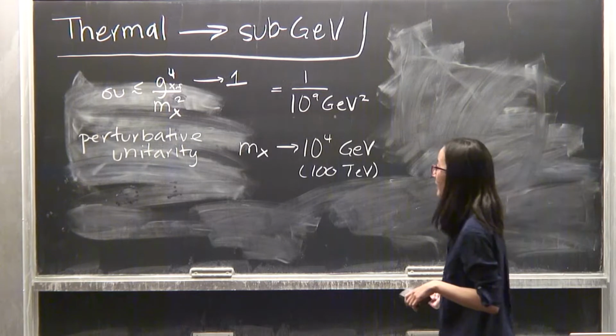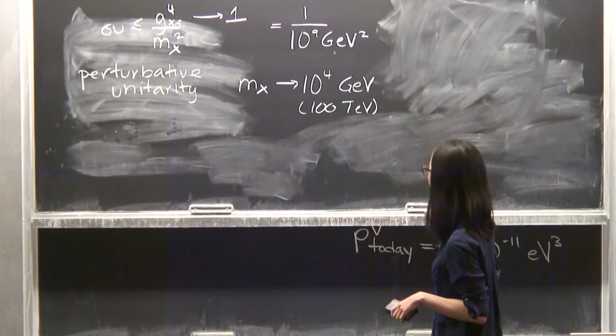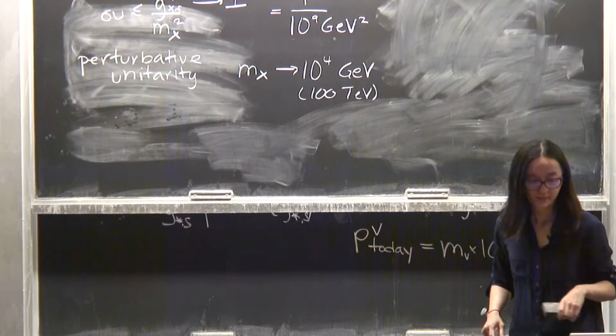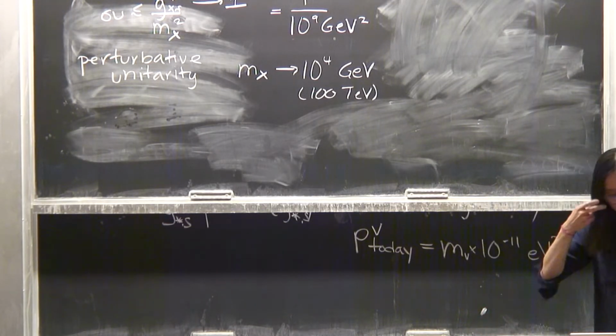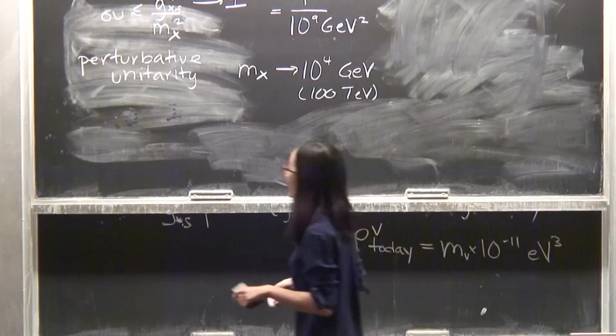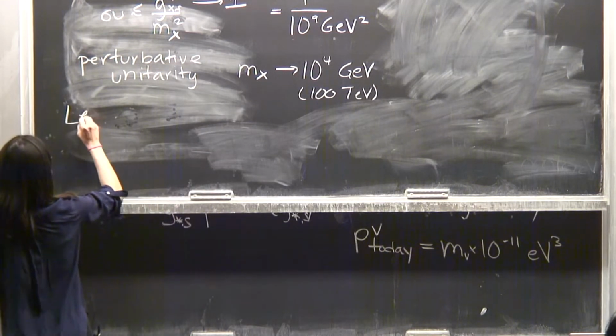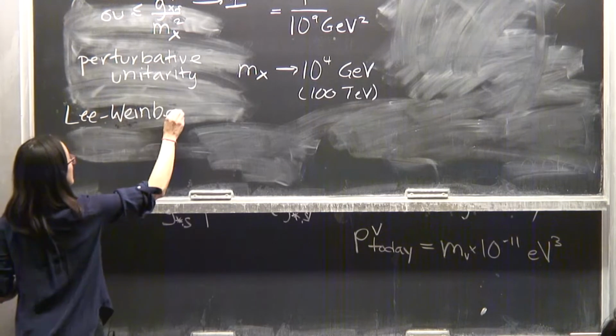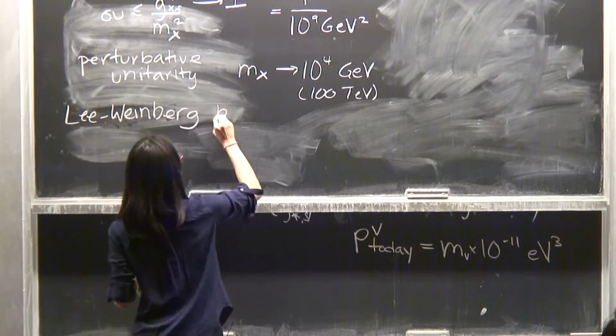Okay, so that's the heavy mass limit. The next thing we can say is also known as the Lee-Weinberg bound, roughly speaking.